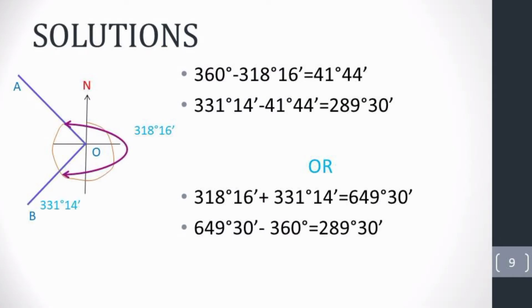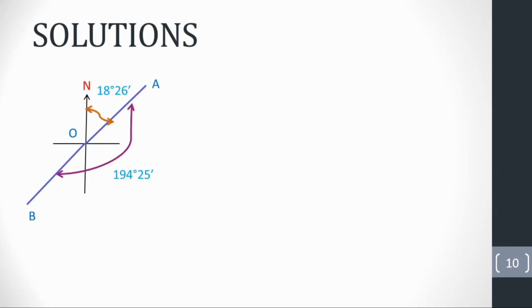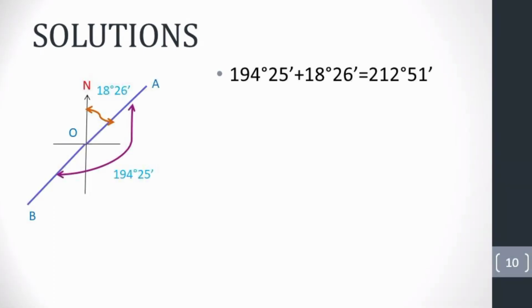Yeah, so that sounds easy. So my answer remains the same. We go ahead to the second observed reading. Bearing OA there we have 18 degrees 26 minutes. Then the angle in between, AOB, that is 194 degrees 25 minutes. You can observe I've illustrated that on the diagram.